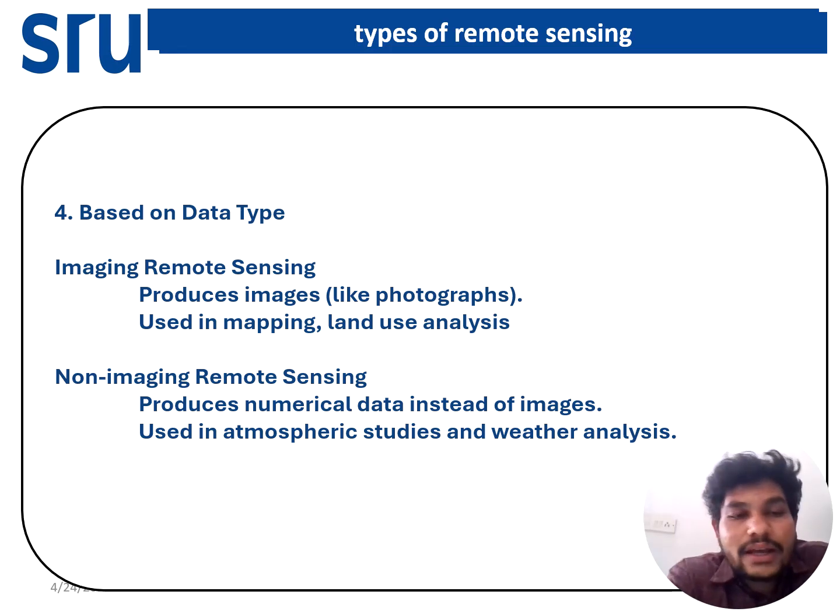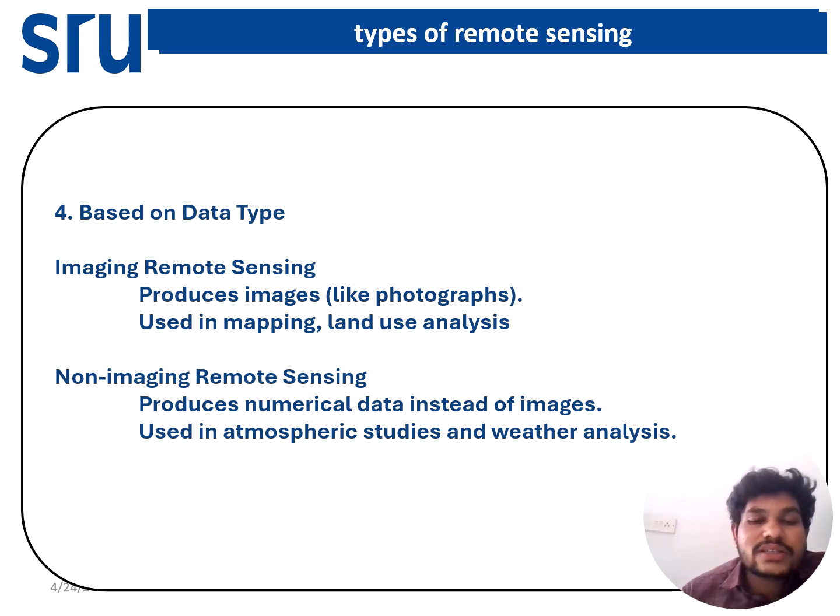Based on data, there is imaging remote sensing and non-imaging remote sensing. Imaging remote sensing produces images like photographs and is used in mapping and land use analysis, whereas non-imaging remote sensing produces numerical data instead of images and is used for meteorological studies.